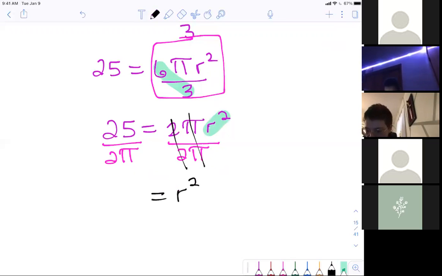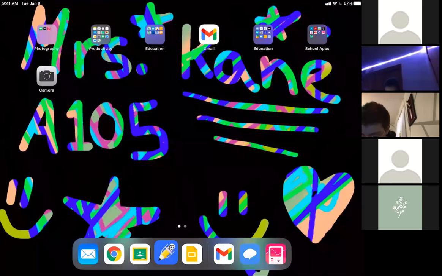So if I take that 25 divided by 2 pi in the calculator, pi is above the little caret symbol. So you have to hit the second caret symbol. And then I have that as 3.9788, blah, blah, blah.